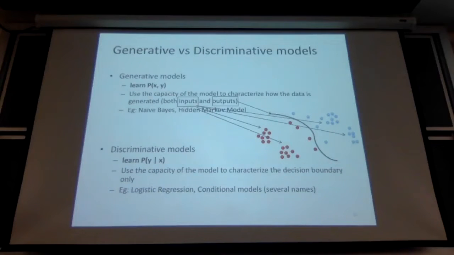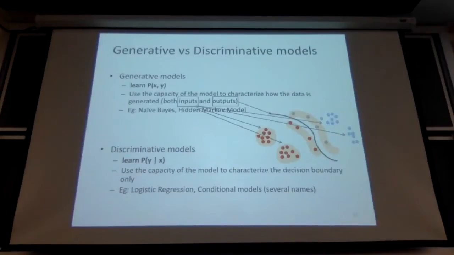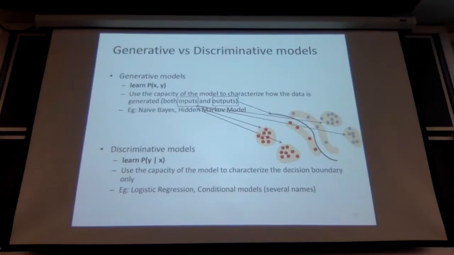The capacity is used to characterize the fact that there is this cluster here that is separate from this cluster here, and then there's this line here, and maybe your application needs this, or maybe not. A generative model does a lot more using the parameters, or hopes to do a lot more using the parameters.